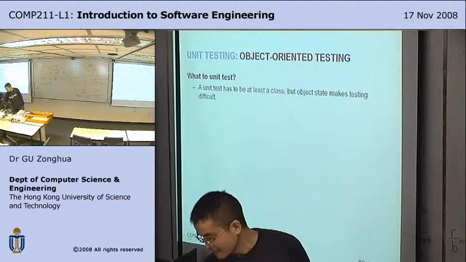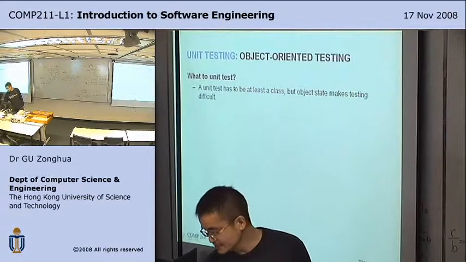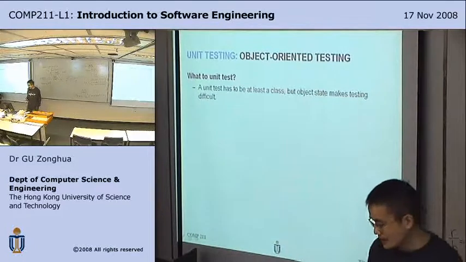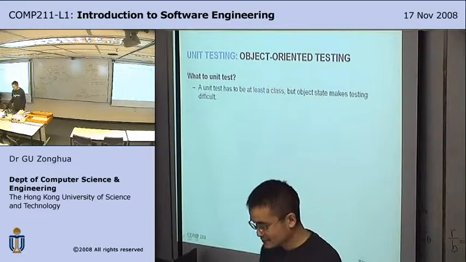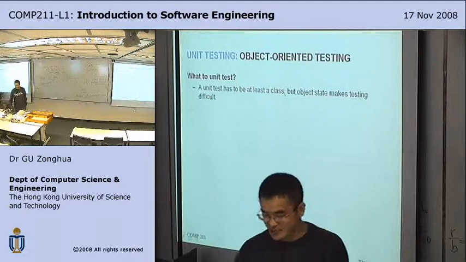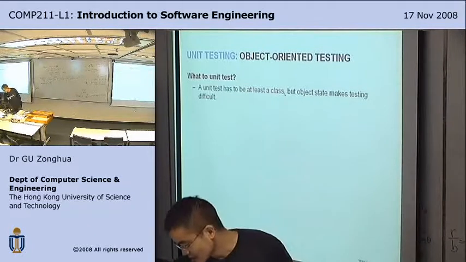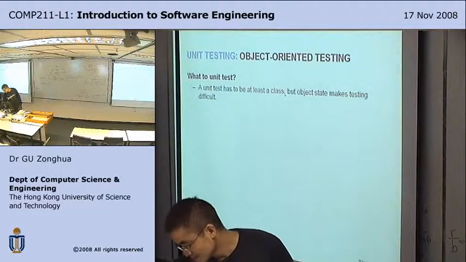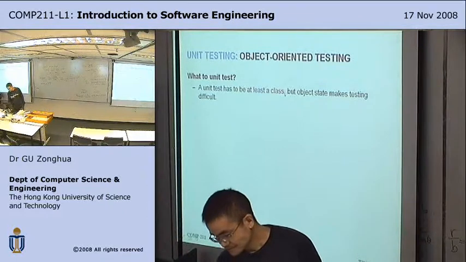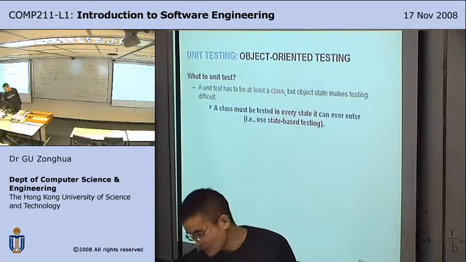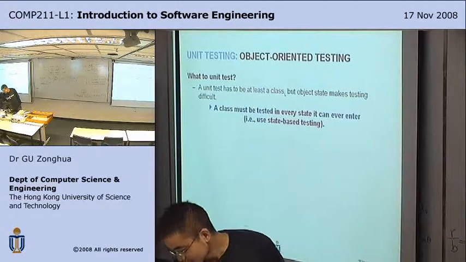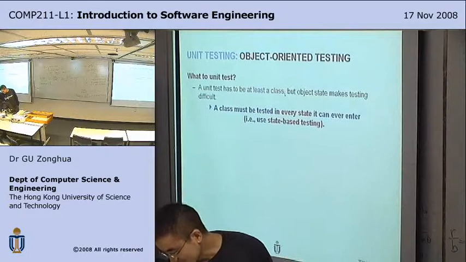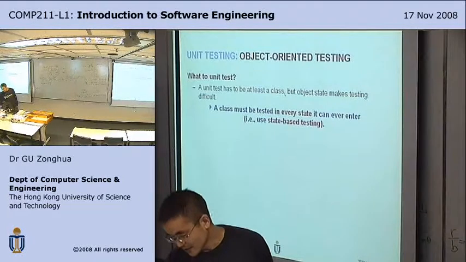So for object-oriented testing, the unit test has to be at least a class. But object state makes testing difficult, that is, if the object has an internal state machine. So a class needs to be tested in every state it can ever reach using state-based testing.